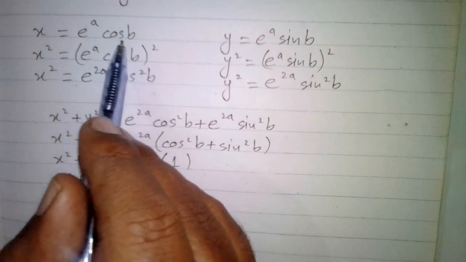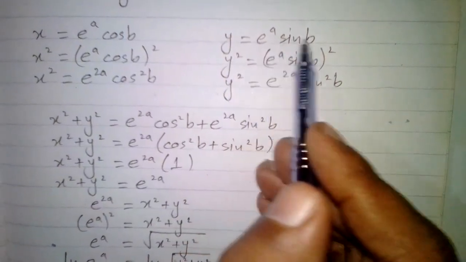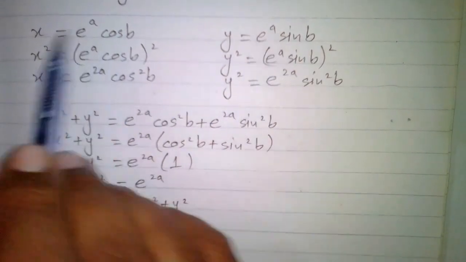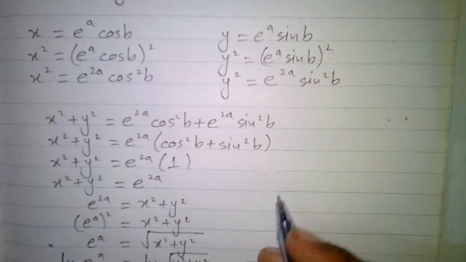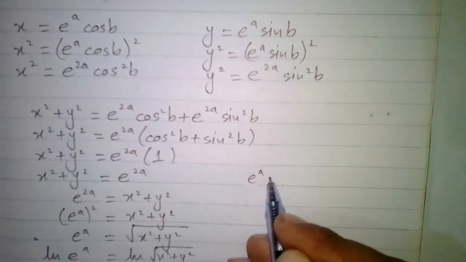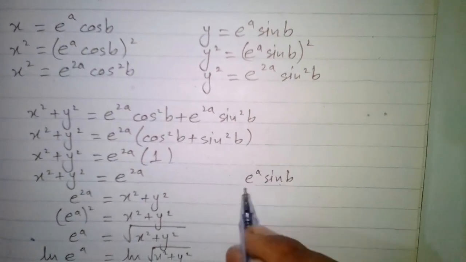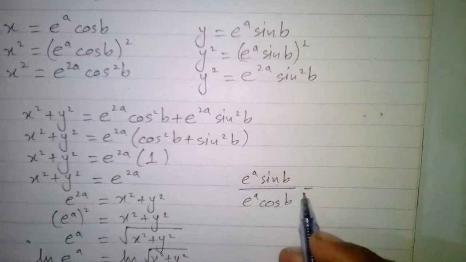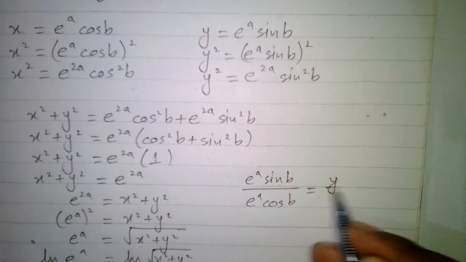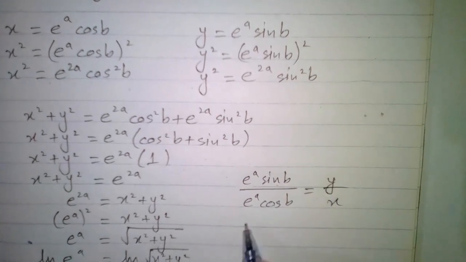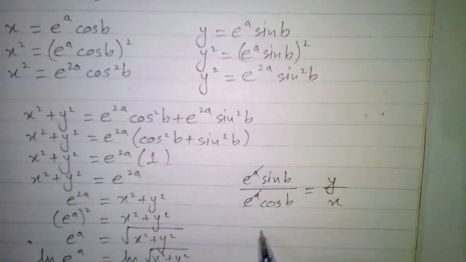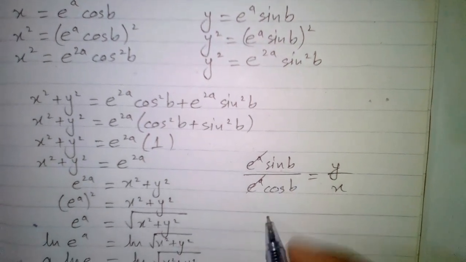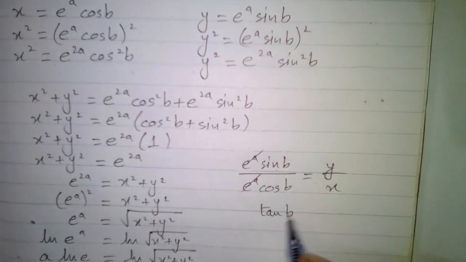Now again we have x is equal to e to the power a cos b and y is equal to e to the power a sin b. Now we can divide these equations, so we have e to the power a sin b upon e to the power a cos b is equal to y upon x. We can cancel e to the power a, so we have sin b upon cos b, which is equal to tan b.